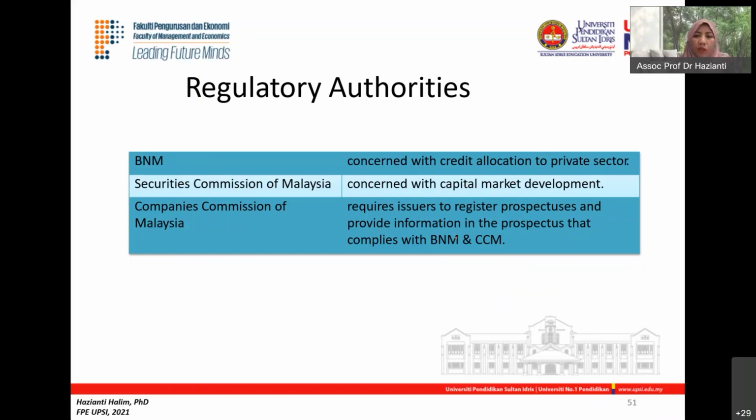This requires the issuer to register the prospectus and provide information that complies with BNM and CCM. Remember, we also looked at the prospectus last week, when a company in the primary market wants to issue shares for the first time or go public. They issue a prospectus, and they have to register the prospectus with CCM.